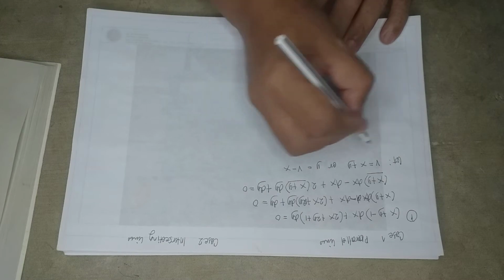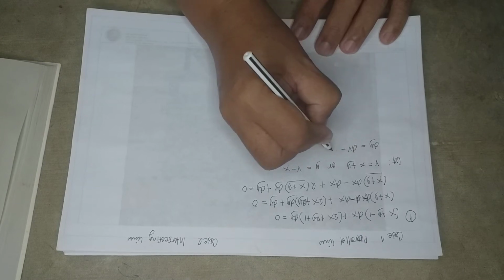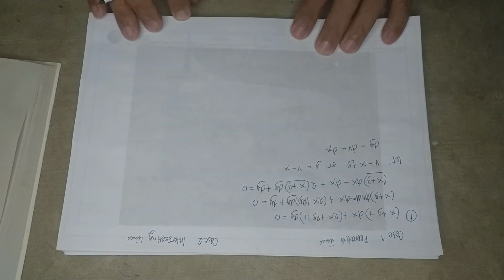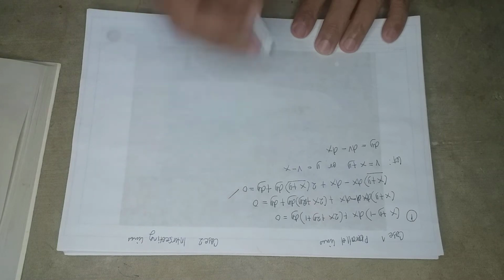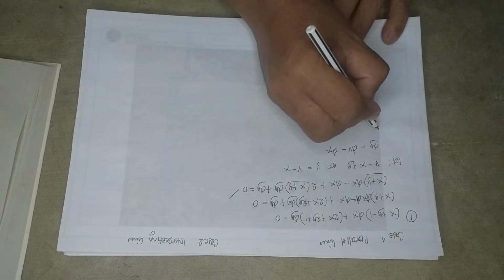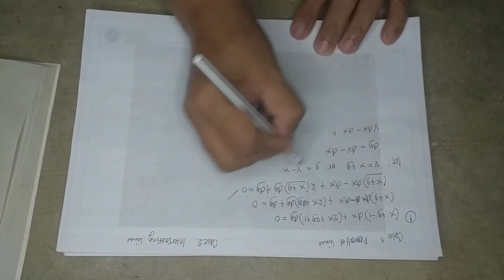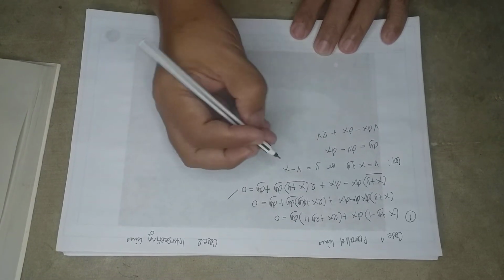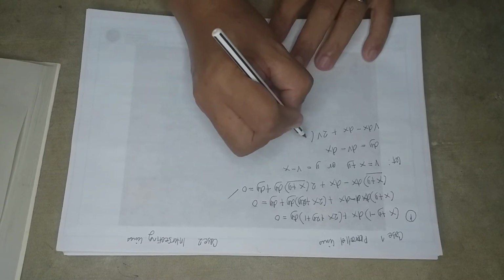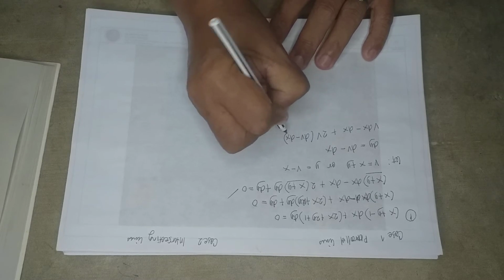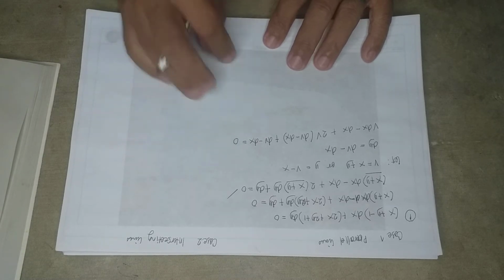So we may transform dy into dv - dx. Substituting these values into this equation, we have v dx - dx + 2v dy, where dy is dv - dx, plus dv - dx, equal to 0.